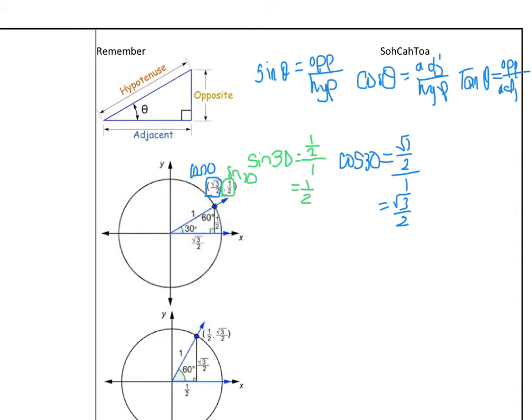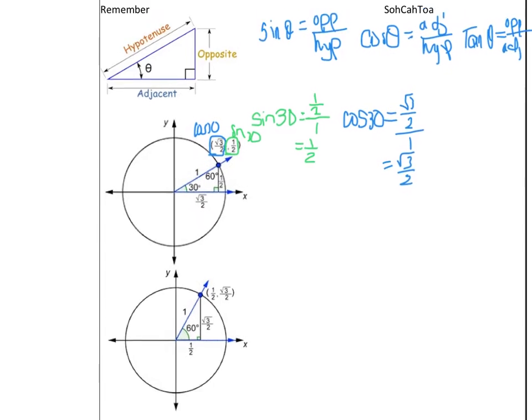Isn't that alphabetical order too? Cosine starts with a C, sine starts with an S, and if you put them in alphabetical order, cosine would come first, and then sine would come second, just like x and y is in alphabetical order. Just something to think about.